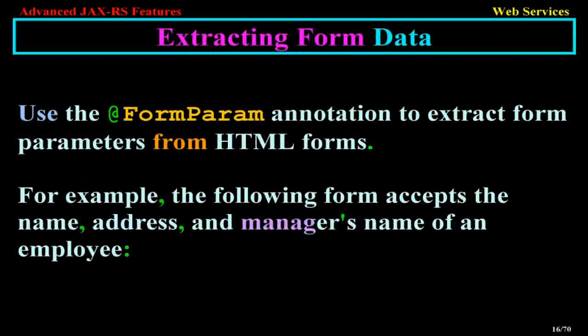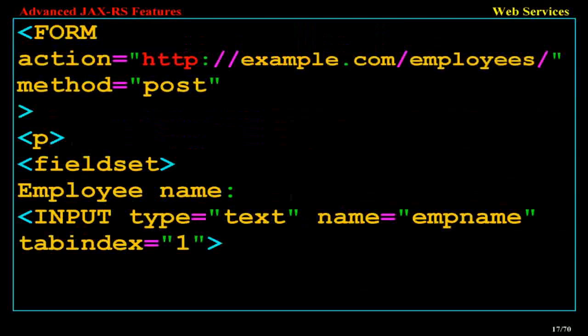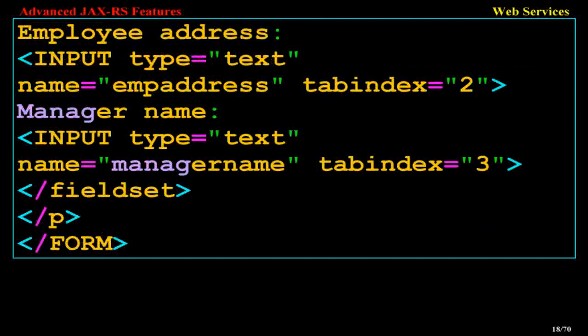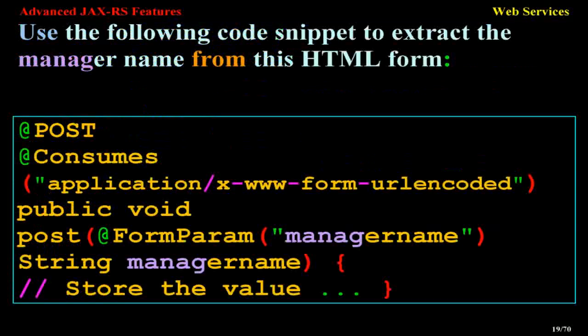For example, the following form accepts the name, address, and manager's name of an employee. <form action="http://example.com/employees" method="post"> <p><fieldset> Employee name: <input type="text" name="empname" tabindex="1"> Employee address: <input type="text" name="empaddress" tabindex="2"> Manager name: <input type="text" name="managername" tabindex="3"> </fieldset></p> </form>.